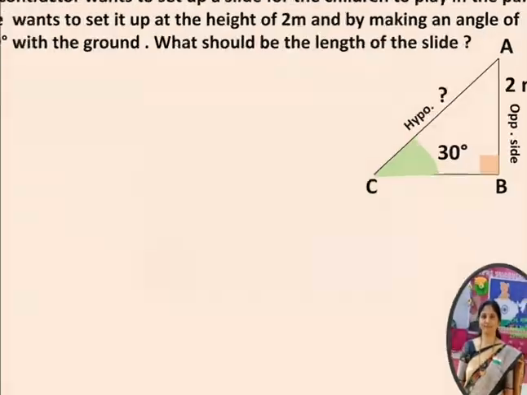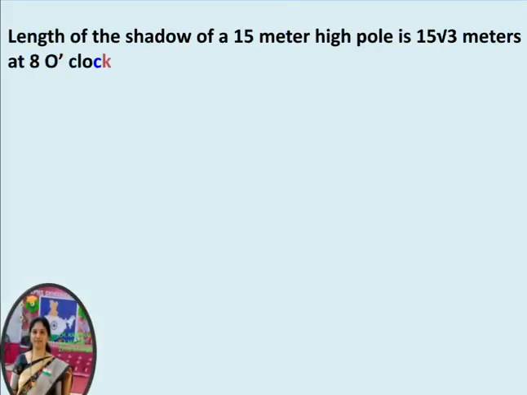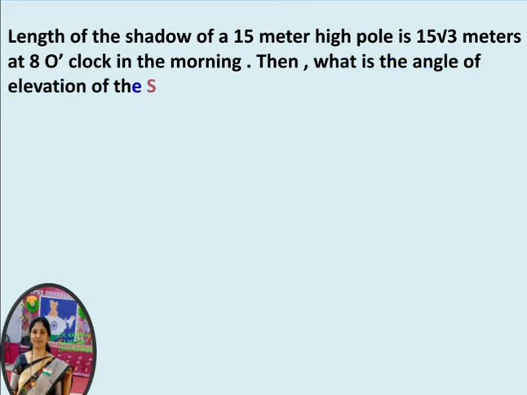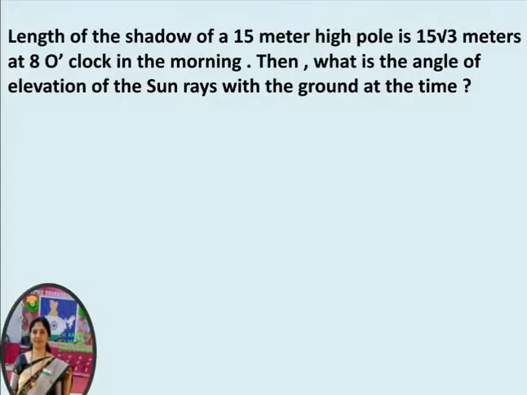See the next problem. The length of the shadow of a 15-meter high pole is 15 root 3 meters at 8 o'clock in the morning. Then what is the angle of elevation of the sun rays with the ground at that time?